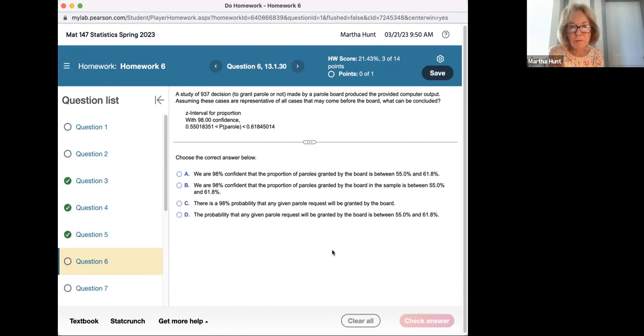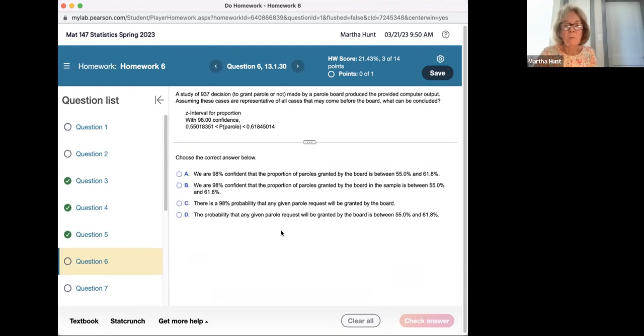It runs from 55% to about 62%. We're 98% confident that the true proportion of parole grantees is between 55 and 61. We are 98% confident that the sample is between 55 and 61. There's a 98% probability of, and so on.